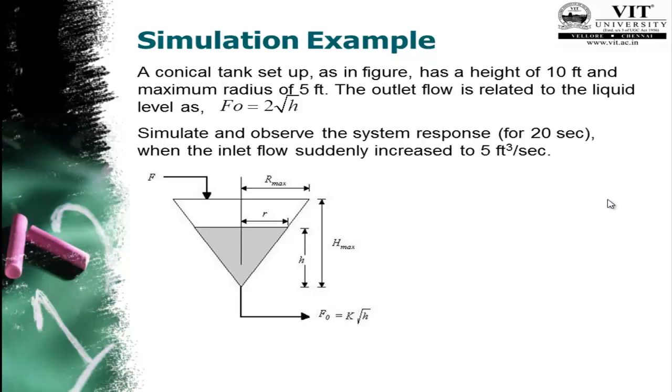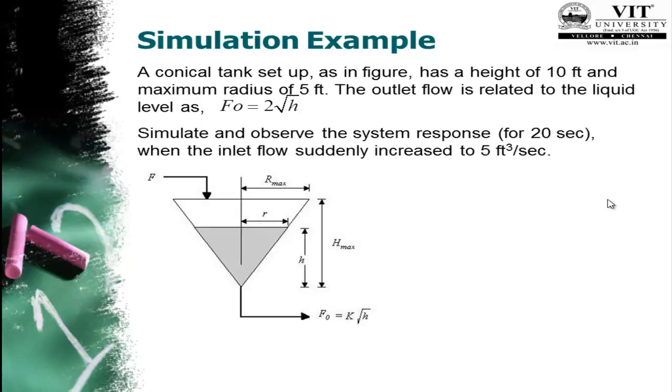The tank has a height of 10 feet and a maximum radius of 5 feet, and the outlet flow is also nonlinear. So f naught is assumed to be 2 root h, and the problem statement is we are going to simulate this for 20 seconds when the inlet flow is suddenly increased to 5 feet cube per second.